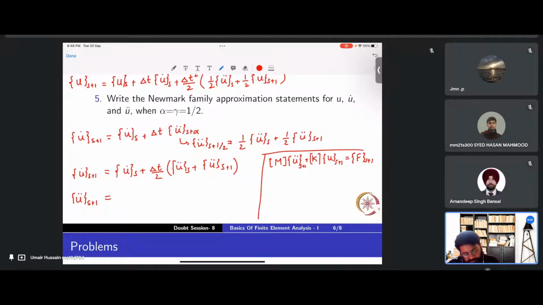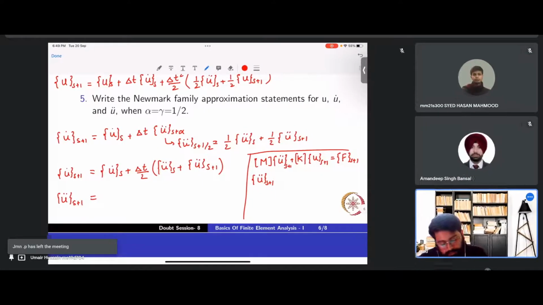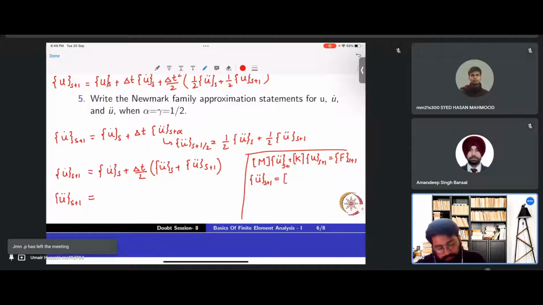So u double dot s plus 1 is equal to m inverse times f s plus 1 minus k u s plus 1.